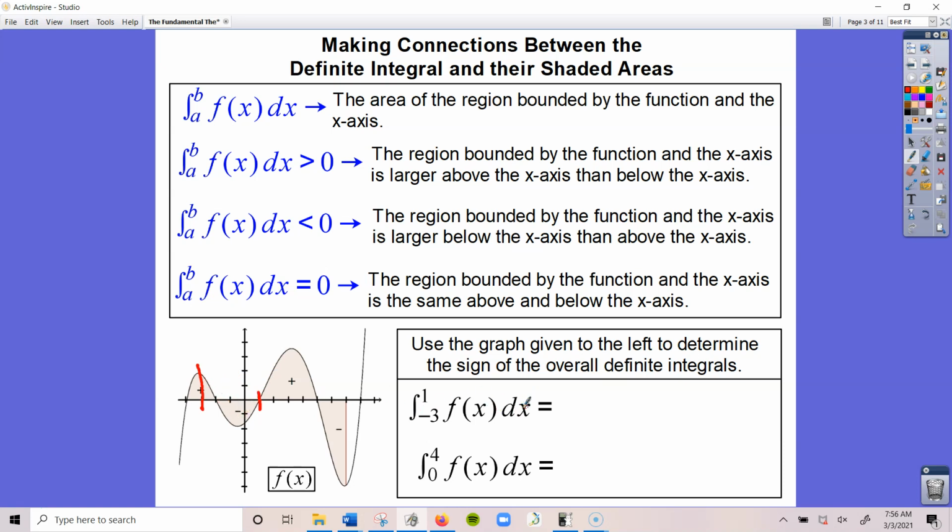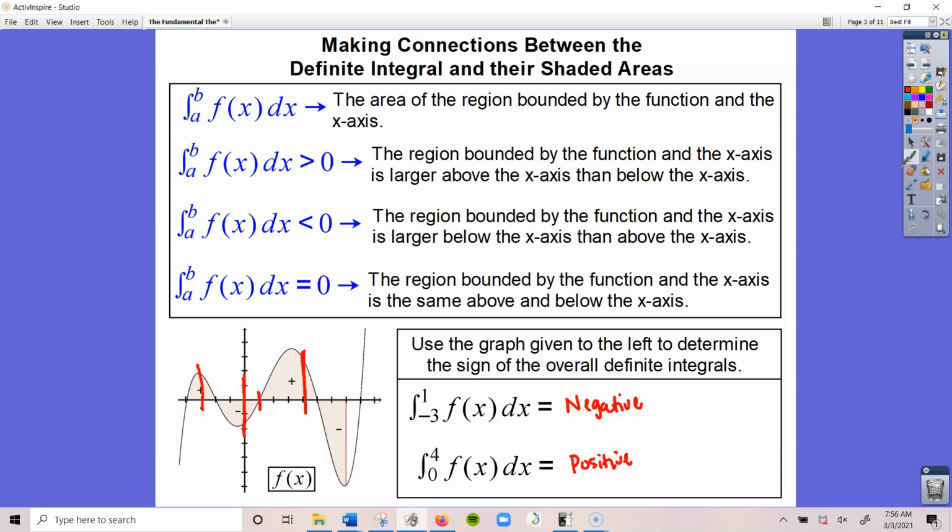So this integral here would be predominantly negative, or rather the area that we would get would be a negative area. Then if we were evaluating from 0 to 4, the area is predominantly above the x-axis, so that means that this area would end up being positive.